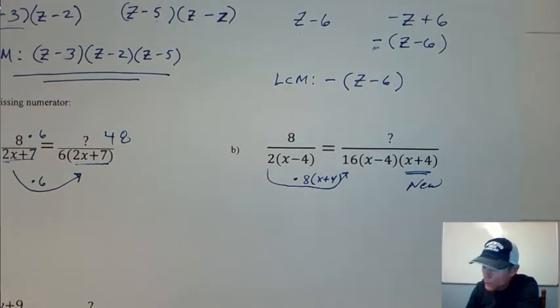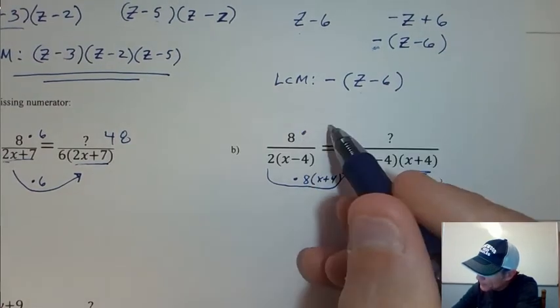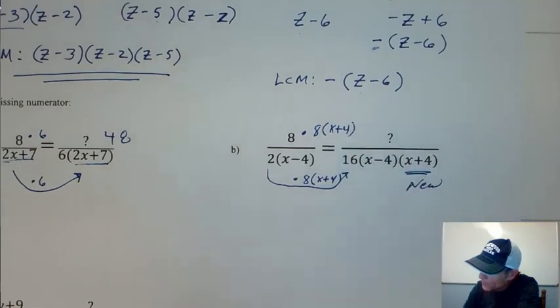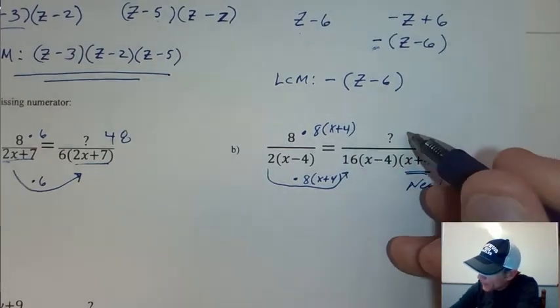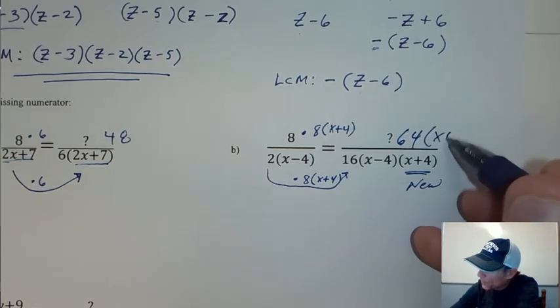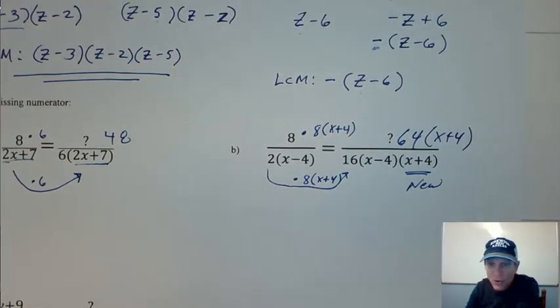So I need to take this numerator times 8 times x plus 4. And I could write that out as 64x plus 4, quantity x plus 4, like that. Or if I felt like I needed to multiply that out, I could do the distributive property. I kind of like it just left in the factored form.